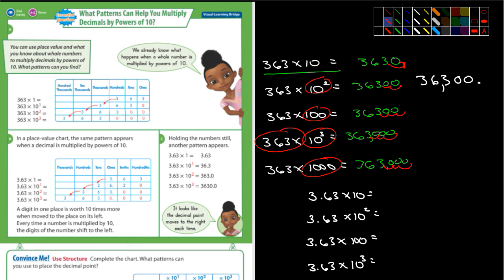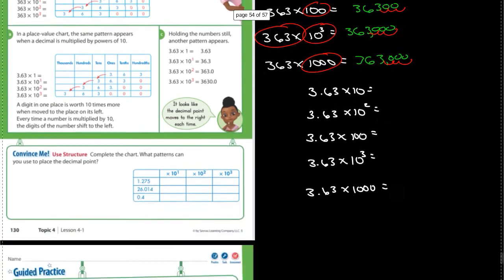So in whole numbers, like the number 17, the decimal is right behind the 7. If I multiply that by 10, I move the decimal 1 place. Now, look at these here. This is what I want you guys to understand.